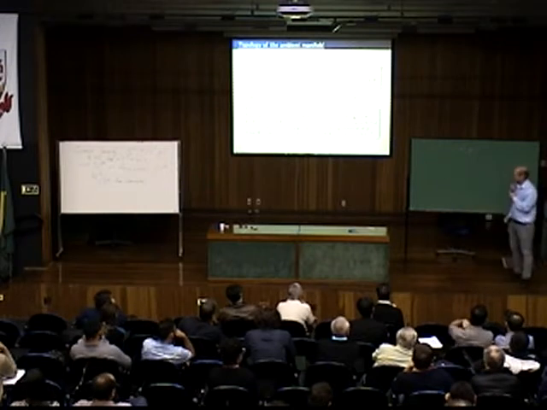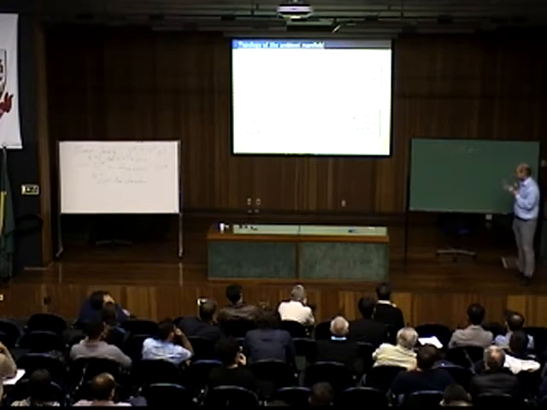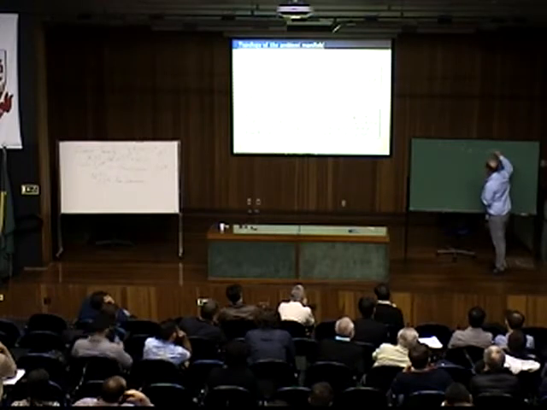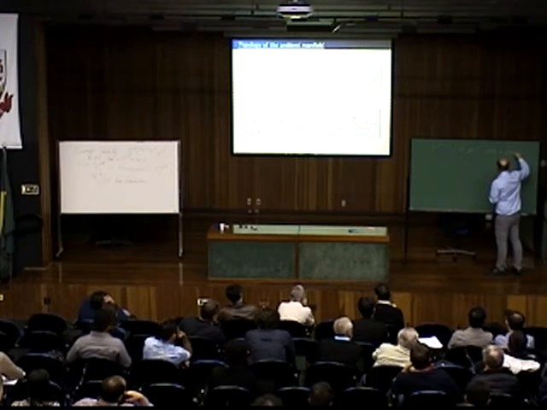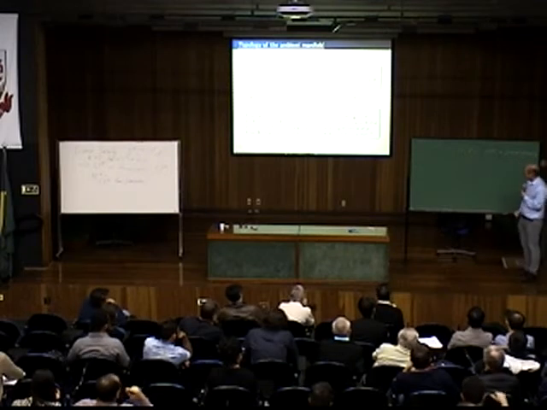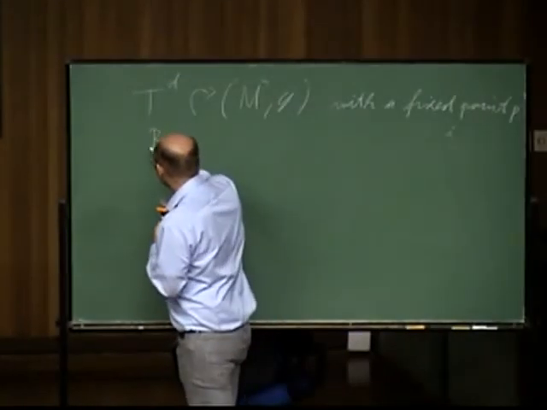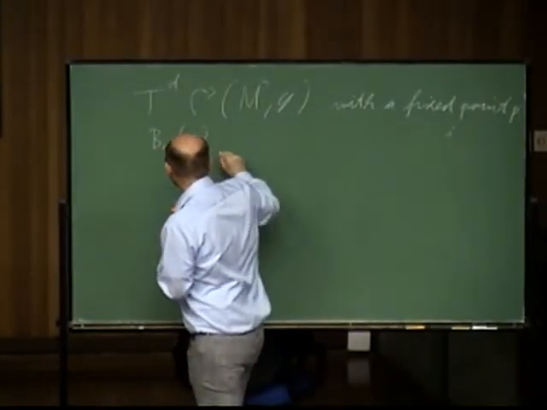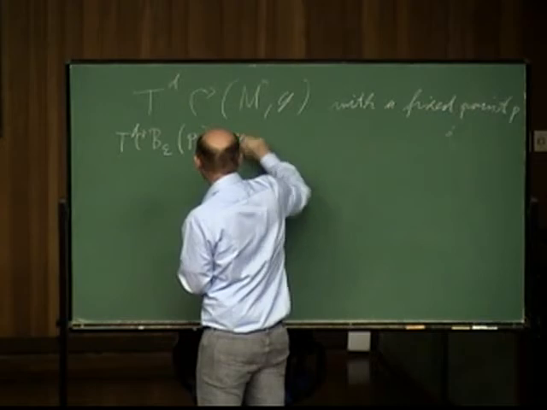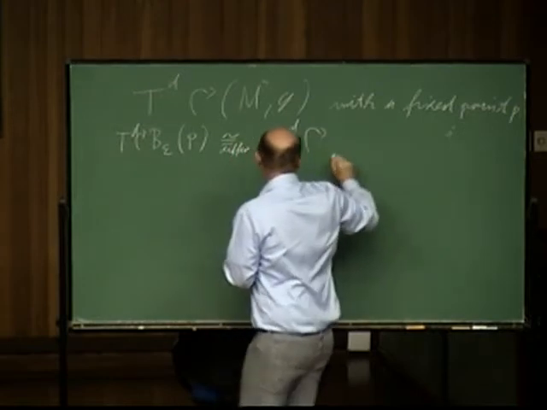In odd dimensions, you can always find a codimension 1 subtorus with a fixed point, by a theorem of Berger. So assume it has a fixed point P. But now without any additional assumption, right? Then you can look at the epsilon neighborhood of P. The torus acts, of course, on the epsilon neighborhood of P, and that's equivariantly diffeomorphic to the action on the tangent space.